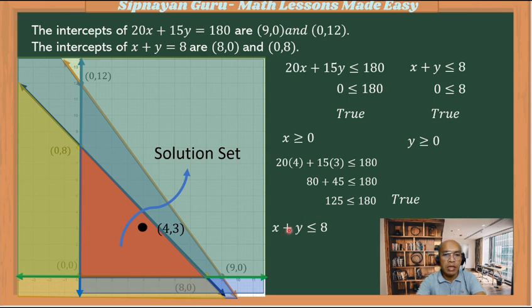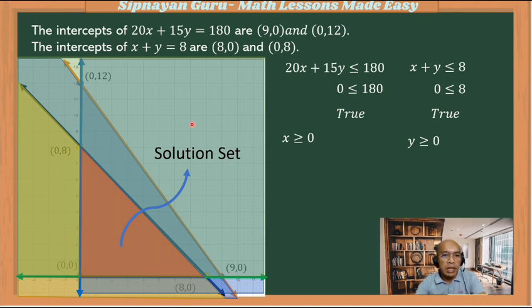How about the second inequality? The number of mangoes and guavas should not be more than 8. So if x is 4 and y is 3, indeed the number of mangoes and guavas combined is 7, which is less than 8. So second case, suppose in this point, the coordinate is 2 and 5.